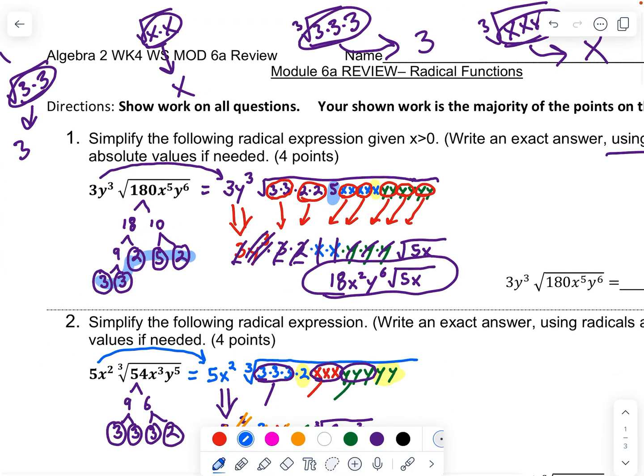So that is our simplifying square roots and cube roots by circling pairs with our square roots and circling 3 of a kinds with our cube roots. We kind of stuck to that with the simplification. A lot of simplification here.